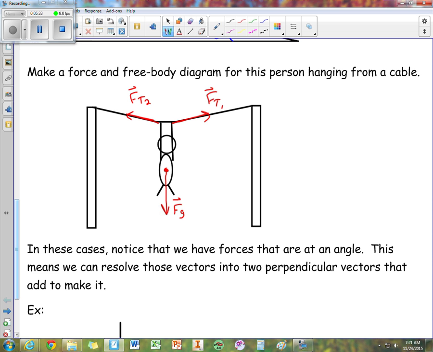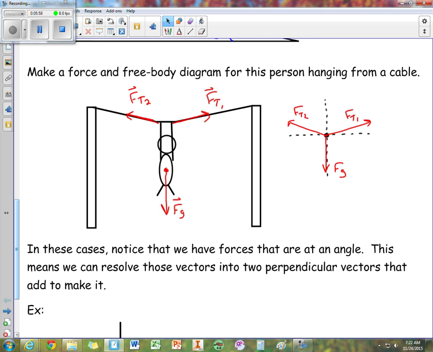So when we go to make our free body diagram, it would look something like this.